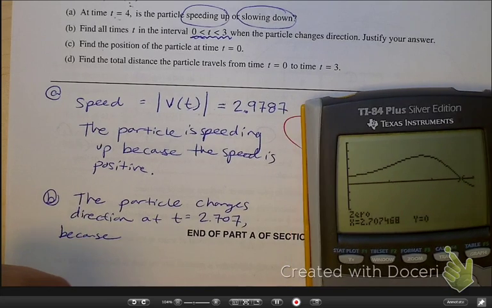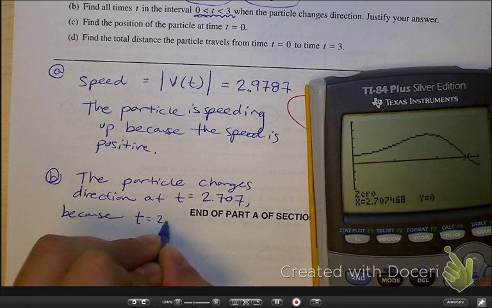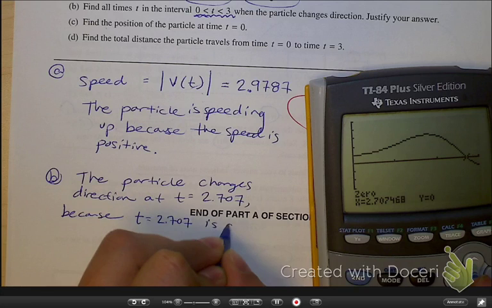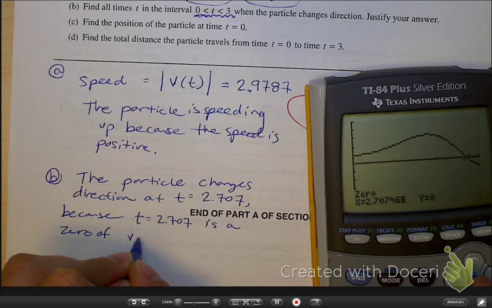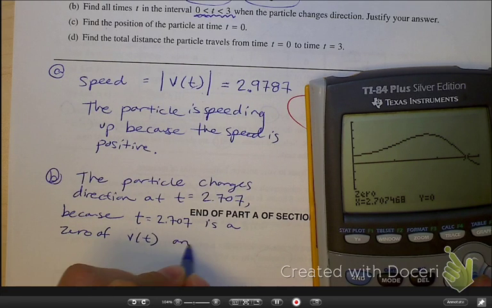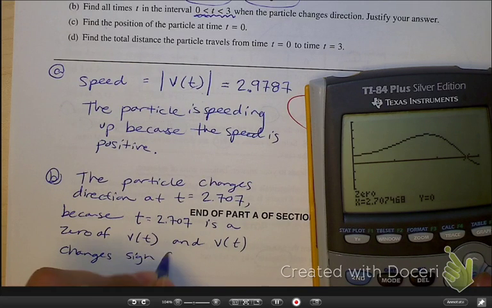Now you have to justify, because if you're not justifying, you're not going to get full points for your answer. I know that it changes direction because t equals 2.707 is a zero of v of t, and v of t changes sign from positive to negative.